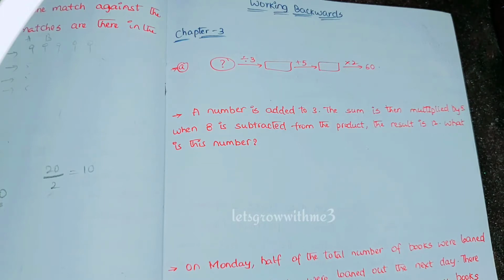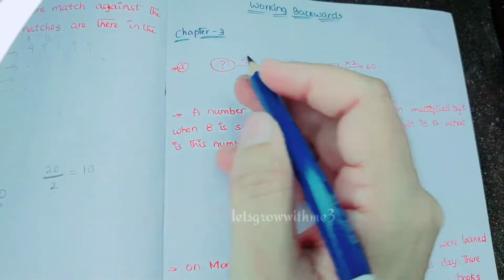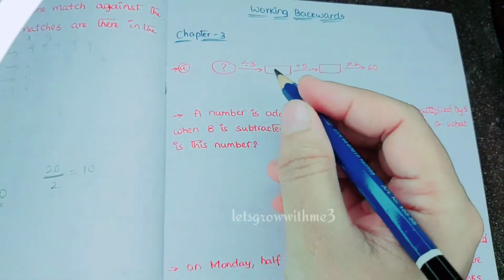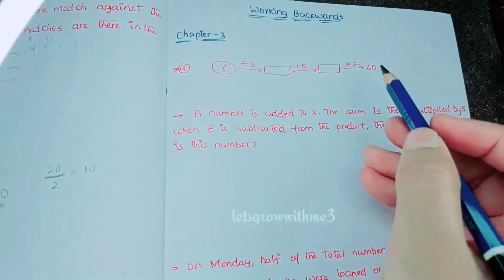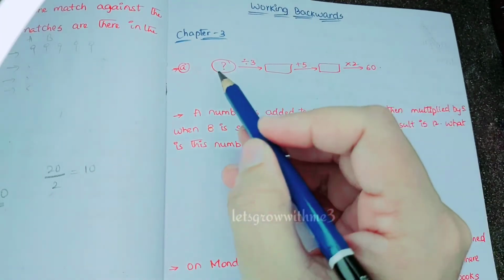In the first question, he didn't give the first number, but there is a series of operations: divided by 3, plus 5, times 2, and the end result is 60. Now I will tell you how to trace back to our initial value. You need to apply all these operations in reverse order. What do we mean by reverse?